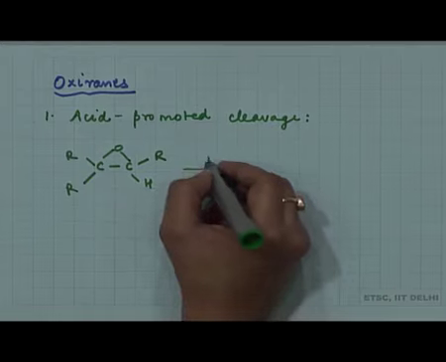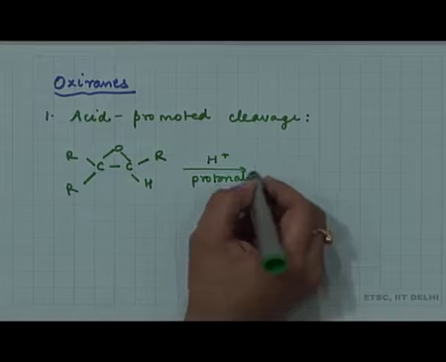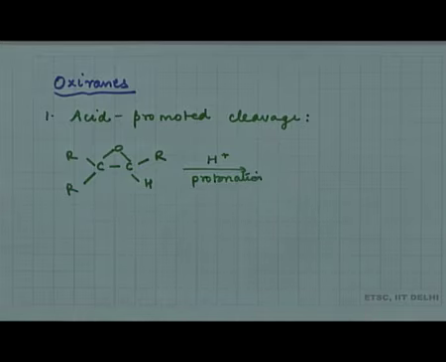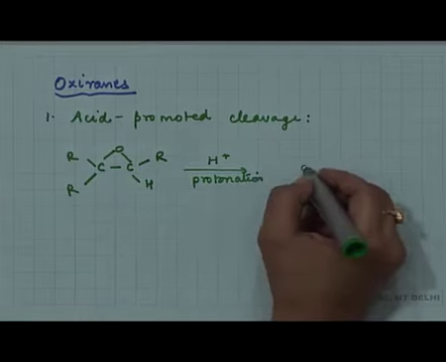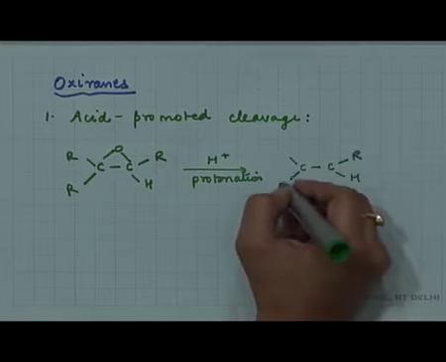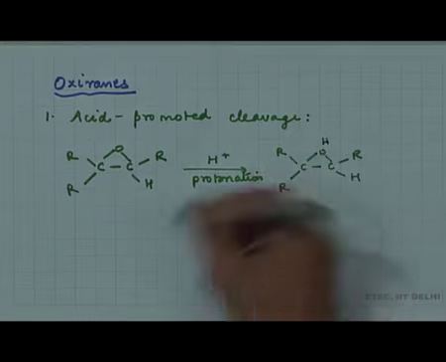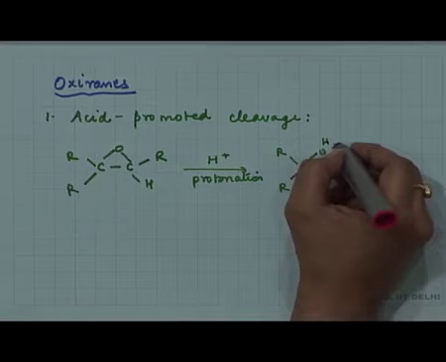Again, the first step is your protonation, and what you get is, so it is an unsymmetrical oxirane, as you can see both the carbons are differently substituted. So, you get this protonated oxirane.